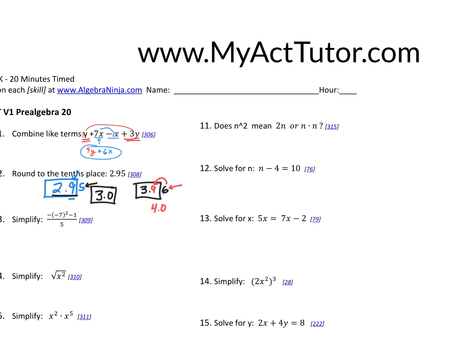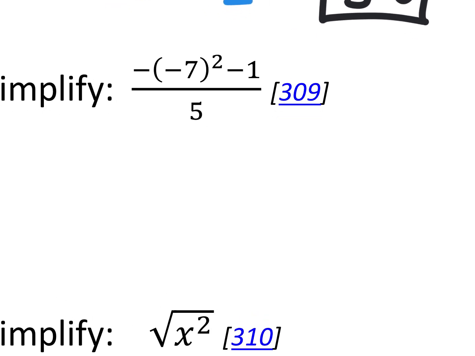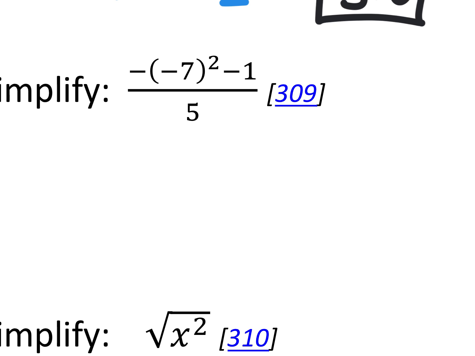For skill 309, we are talking about simplifying when you have parentheses like this. Well, you've got to follow the order of operations, and the order of operations says that you need to do PEMDAS. Please excuse my dear Aunt Sally. So parentheses need to go first. I go inside my parentheses, and there's really nothing that I can do there.